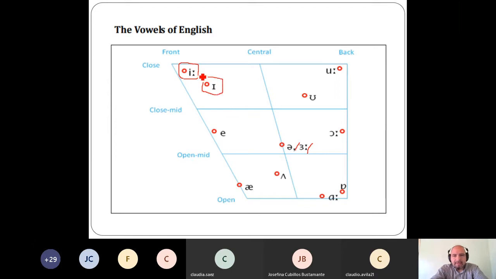And well, if you see this vowel quadrilateral, you may see that this symbol is followed by a colon or dos puntos, as we say in Spanish. So when the symbol has this colon following it, it means that this symbol is representing a long sound.